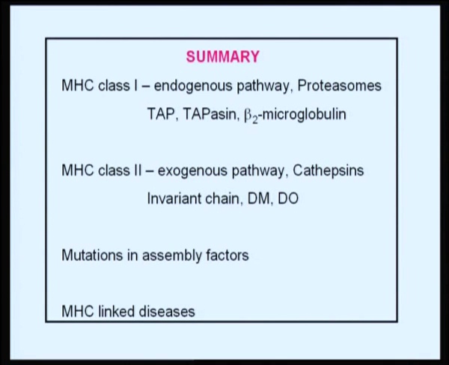MHC class 2, on the other hand, samples antigens through the exogenous pathway, and the important enzymes here are the cathepsins, which degrade proteins so that peptides are generated. MHC class 2 molecules come into the MIIC with the help of invariant chain.